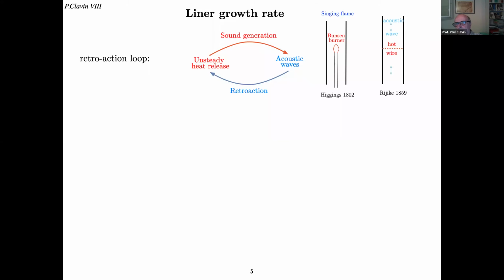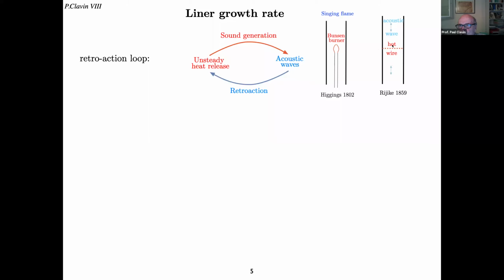And later, there is a very famous experiment called the Rijke tube, where it is the same, but you have a hot wire that you displace, you look for the position.